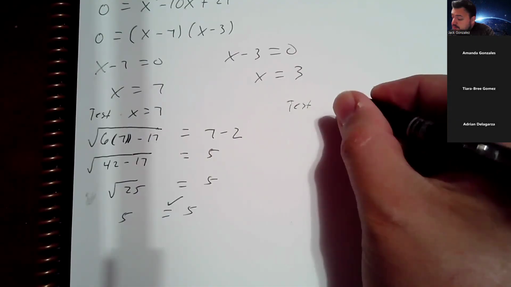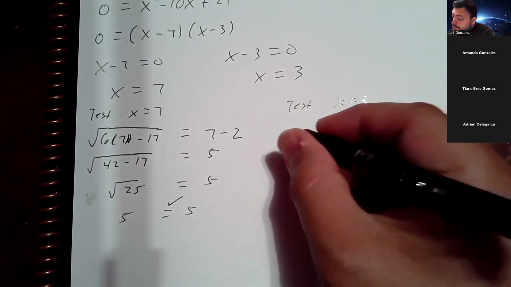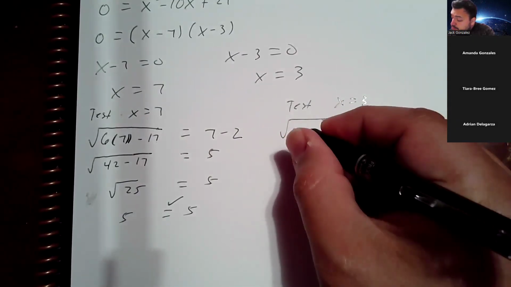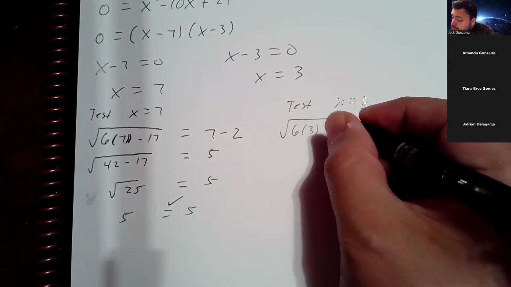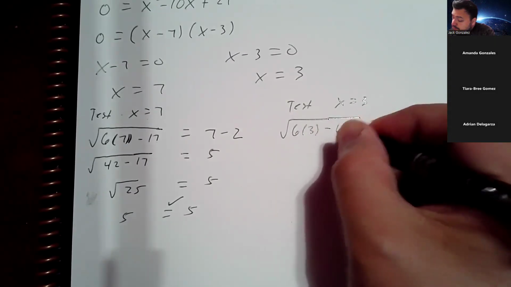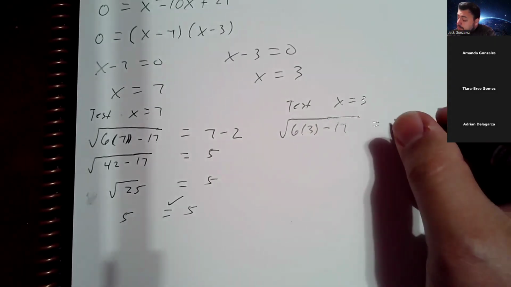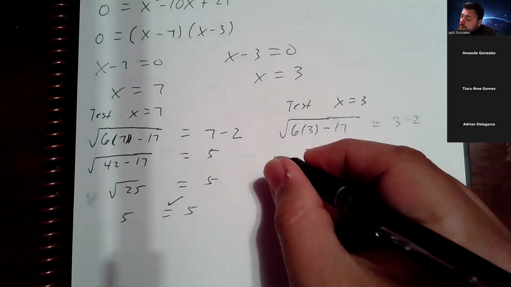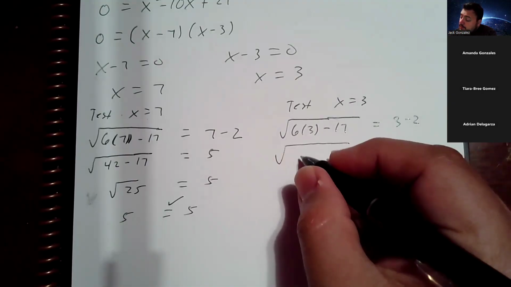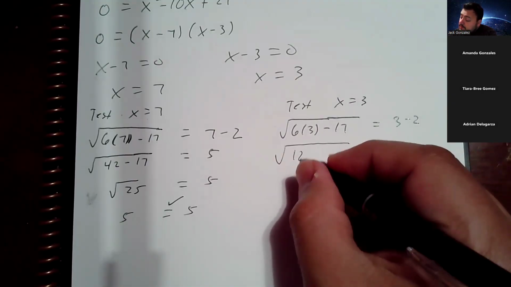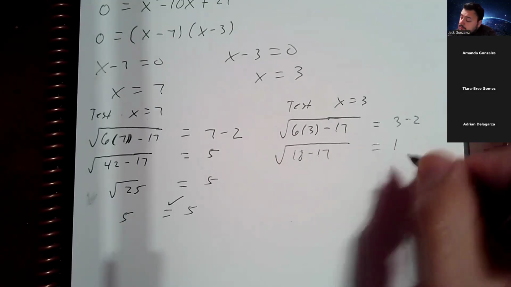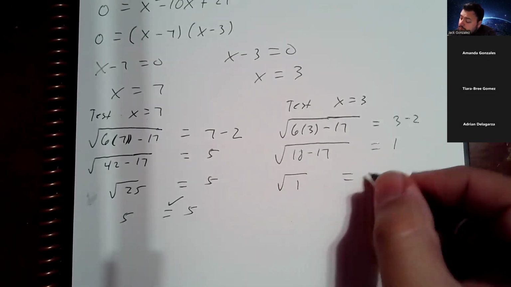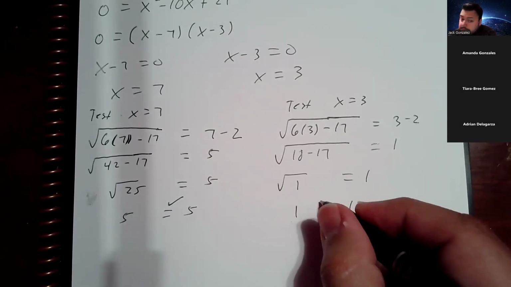Now test x equals 3. Square root of 6 times 3 minus 17 is equal to 3 minus 2. This will be 18 minus 17, square root of 1 is equal to 1.